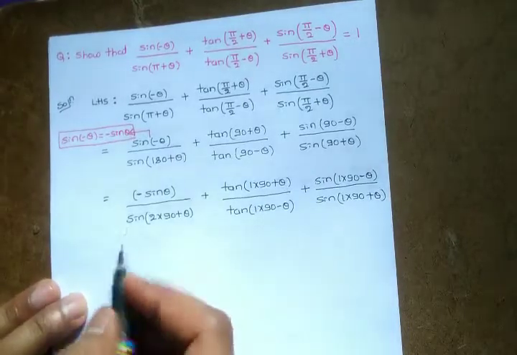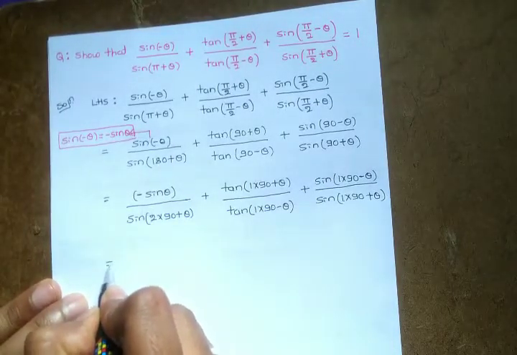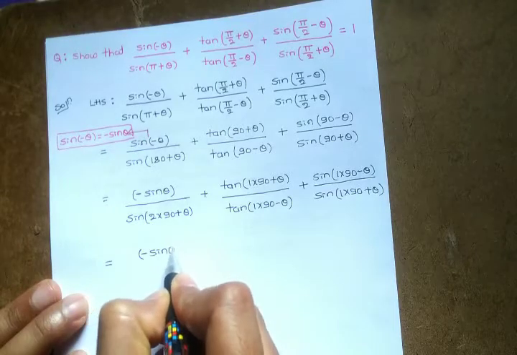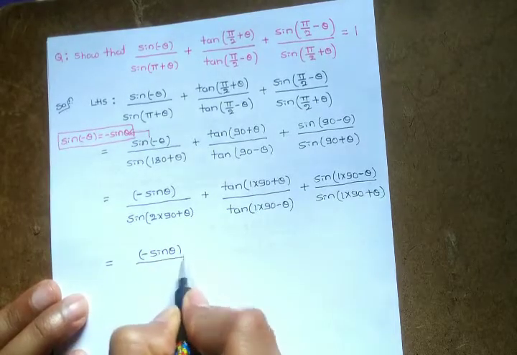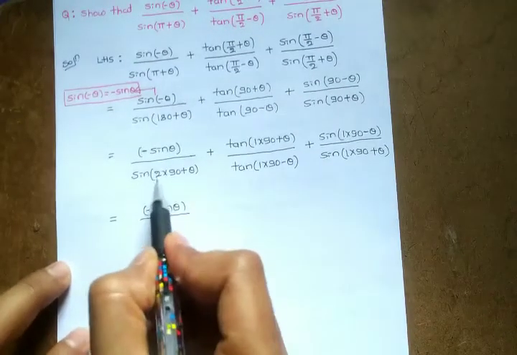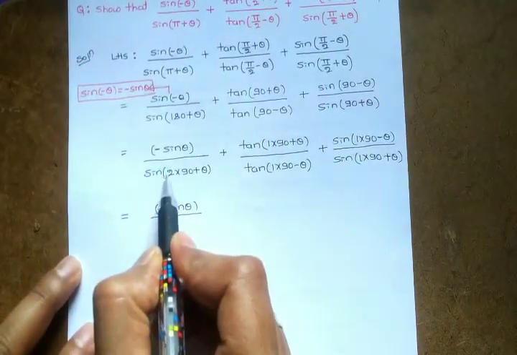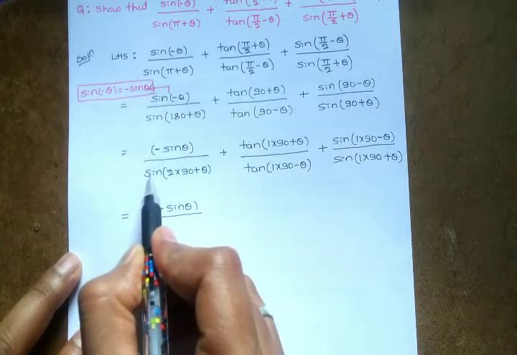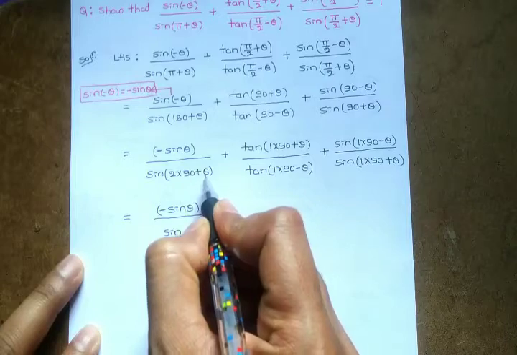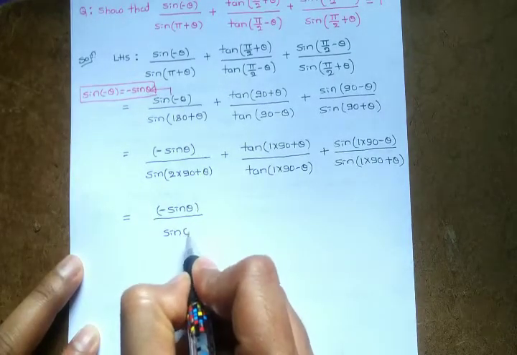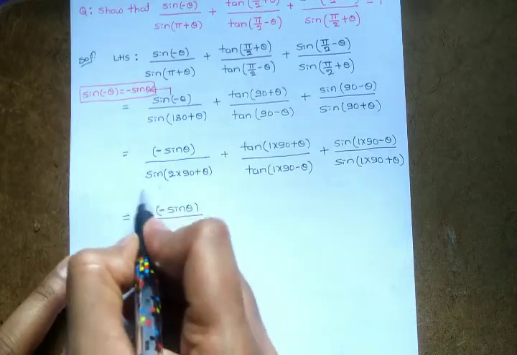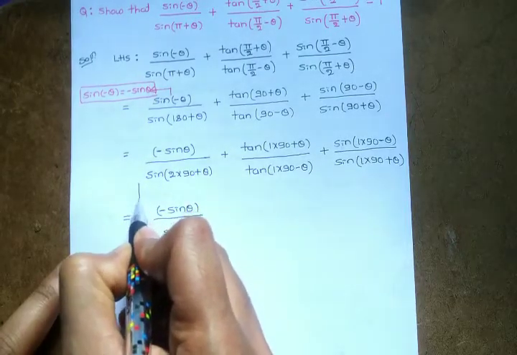Next, which is equals to, first minus sine theta, I am going to keep it as it is, divided by. So next here you can see 2 is which type of number? Even number. Therefore sine will remain sine. At the end angle theta is there, so keep that theta as it is. Next here 2 plus is there, so here I am going to draw that plus.